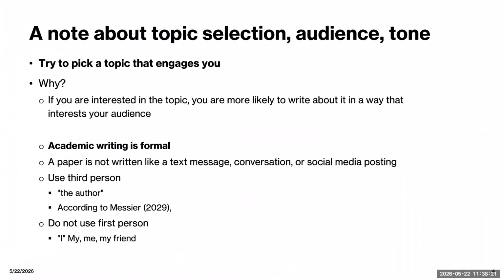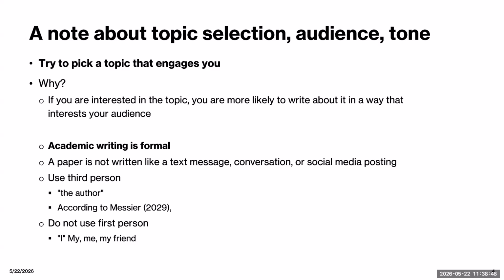Now let's talk a little bit about picking a topic and why it's important to pick one that you find interesting. If you are interested in the topic, you're more likely to spend more time researching it, finding good quality resources, discussing it with yourself, your friends, someone else, thinking about it, and keeping your audience in mind, writing for an academic audience.